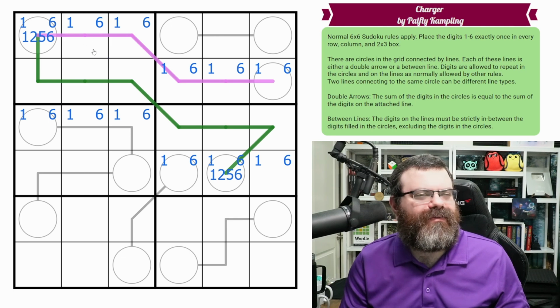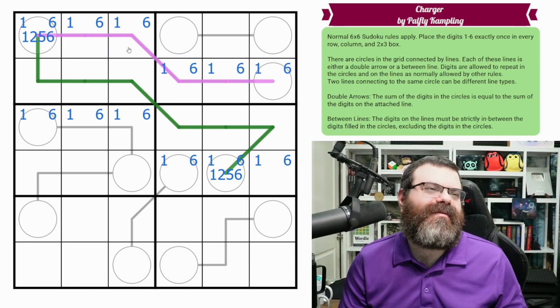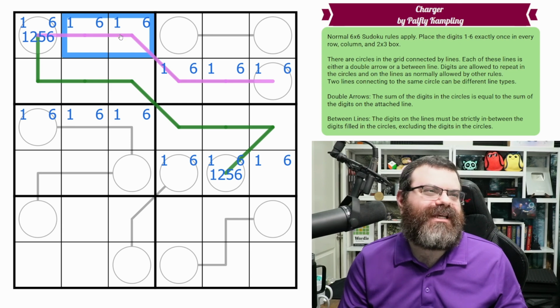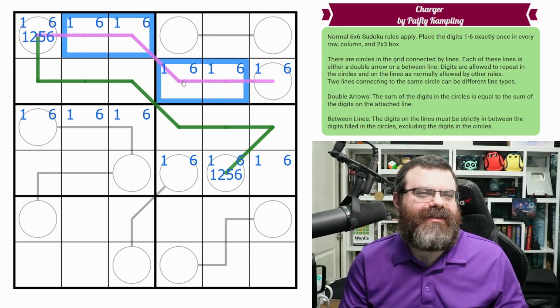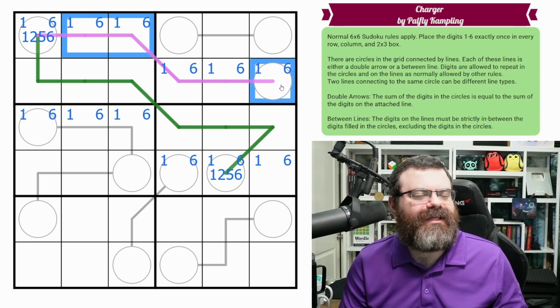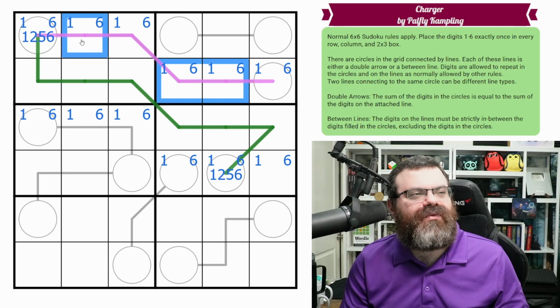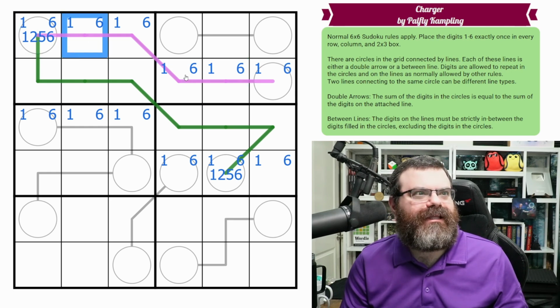So can a 6 be on here somewhere? No, both of them can't be. So if there's a 6 on this line, for example, then we can't put a 6 on this line, because, well, we just talked about it, it would be too big of a sum. So this would be 6. And then the consequence of that would be that these 3 digits would add to whatever goes in here.